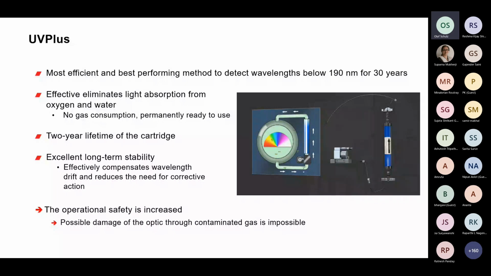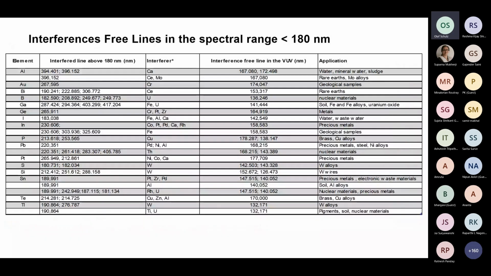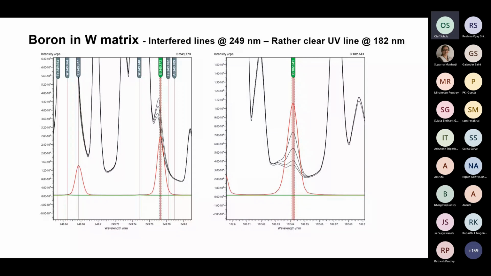So particularly in the line-richer matrices, the UV spectral range helps with the selection of uninterfered lines. And the table you see here on this slide, which is really by no means complete, gives you an idea of where the spectral range below 180 nanometers helps to avoid interferences. Two examples: the analysis of boron in a tungsten matrix is one.